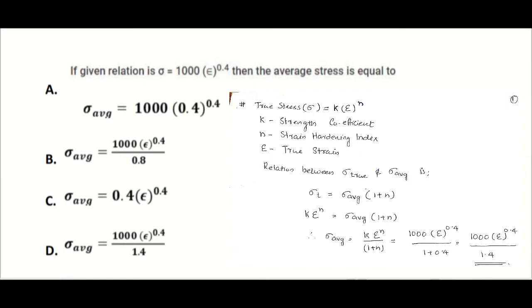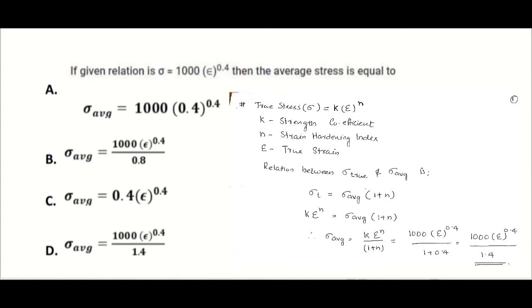Here sigma is the true stress, 1000 is the strength coefficient, epsilon is the true strain, and 0.4 is the strain hardening index.